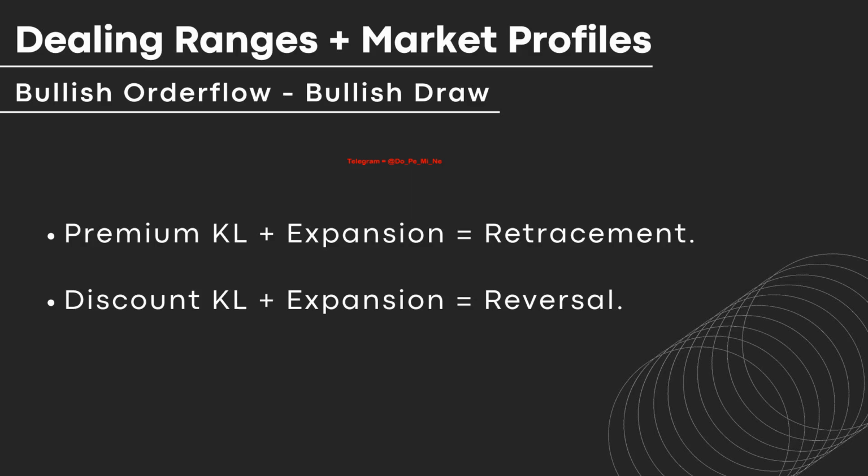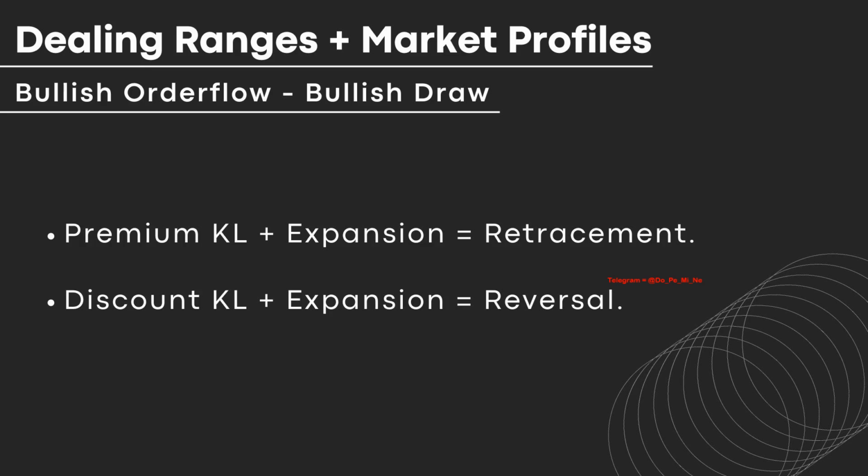With a lower time frame expansion. In such a scenario, the possible outcome for price would be a retracement profile on the lower time frame, not on the higher time frame, but a retracement profile on the lower time frame. That's what you will expect in this scenario.